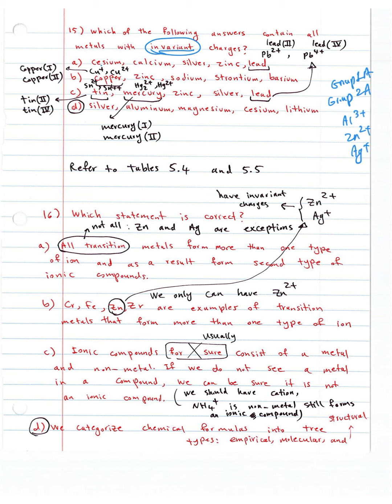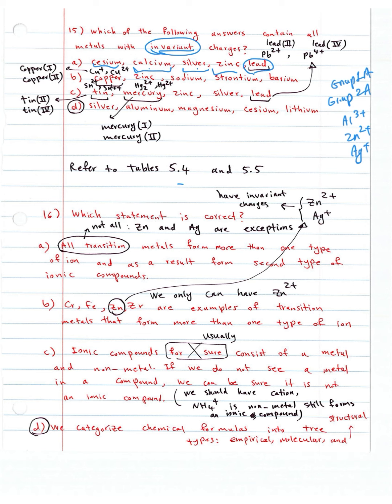So cesium, calcium, silver. So these are group 1 and 2. Basically, cesium is group 1, this is group 2, silver, zinc. All of these have invariant charges, but lead has variant charges.